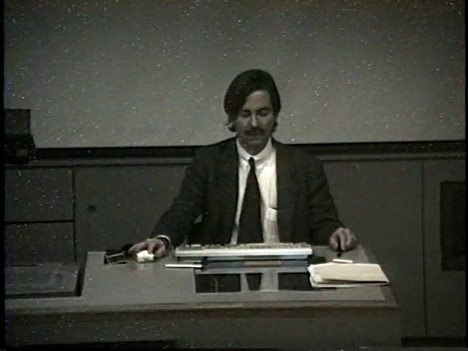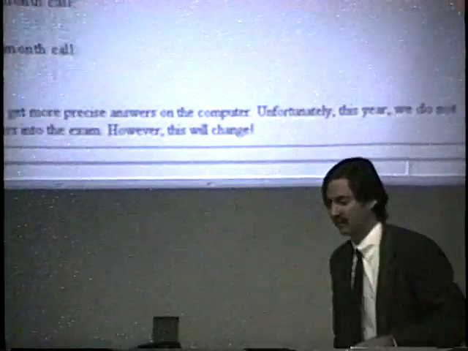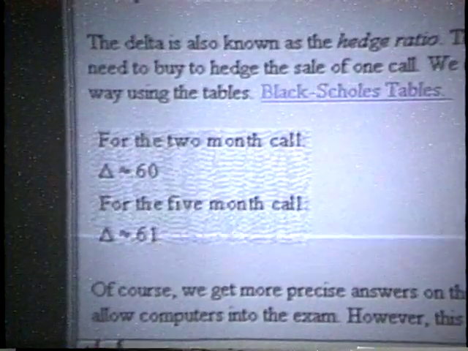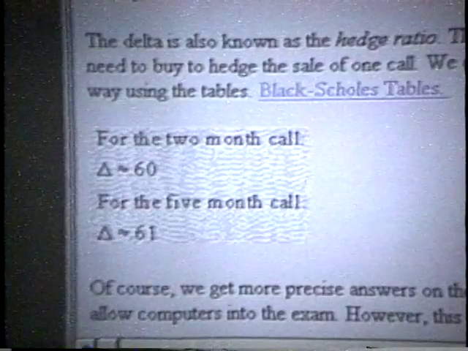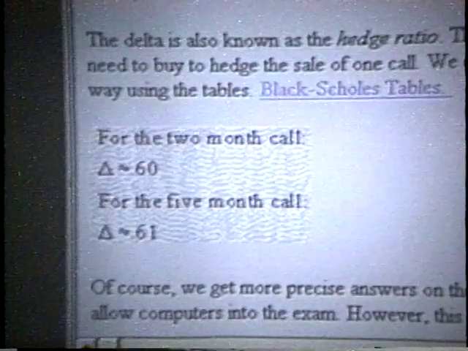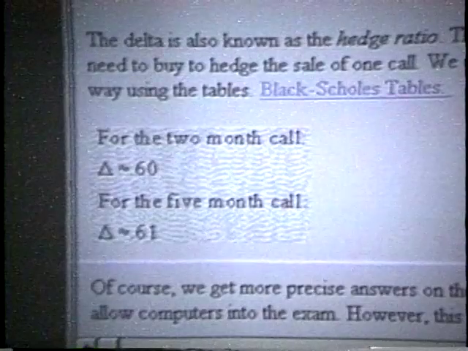And it turns out that we can use the identical tables to do this, except it's called Table 2. Table 1 is the call value as a percentage of the current stock price, ex dividend. And Table 2 is the delta.